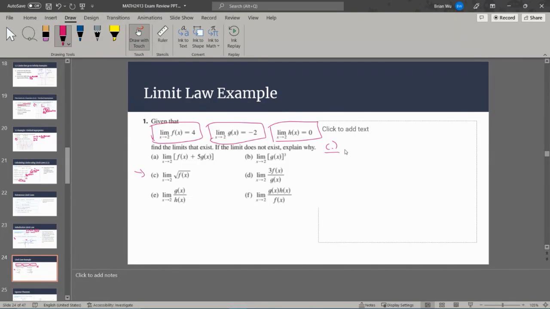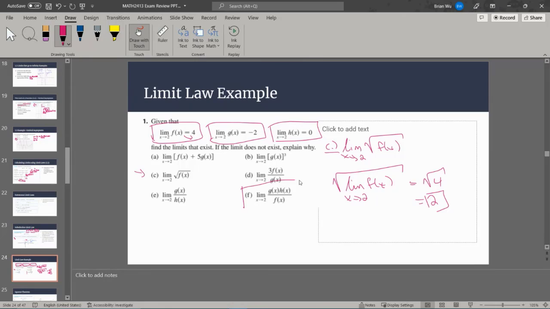Essentially, in order to solve this one, you can take the square root out and put it inside instead, and it would be the same thing. You just plug in 4 for the limit for that one, and you would get this.